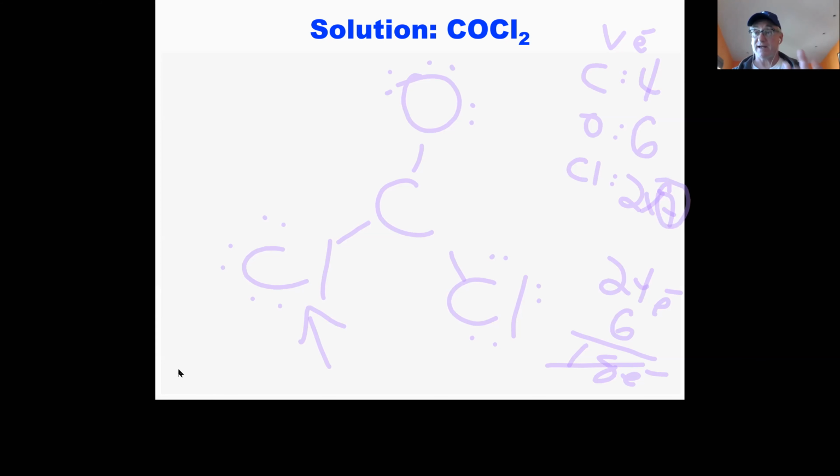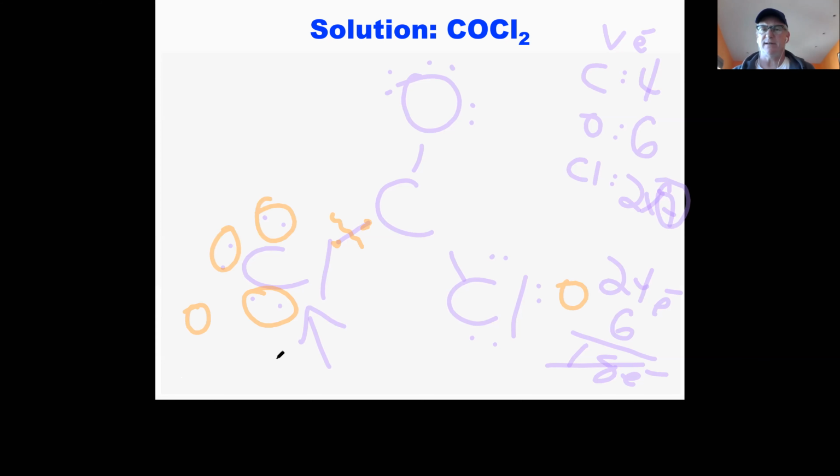How many does it have in this model? 7, right? It's got 2, 4, 6, and one from the bond. So there's no charge on this chlorine, because they're identical.